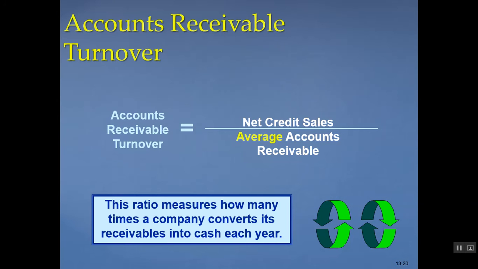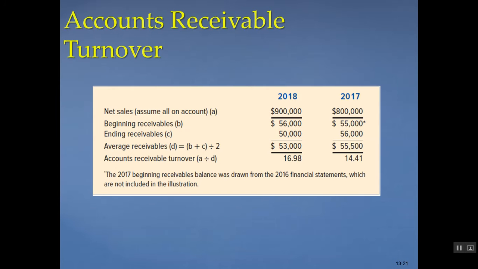There's a couple of different accounts receivable ratios that we're going to look at. The first is the accounts receivable turnover. What this tells us is how quickly credit sales are converted into cash. So here's the calculation. We're looking at net sales divided by our average receivables, and average receivables are calculated by taking the beginning of the period and the ending of the period and dividing by 2, and then taking the net sales divided by the average receivables to get the turnover.